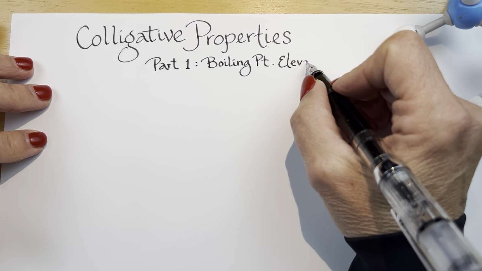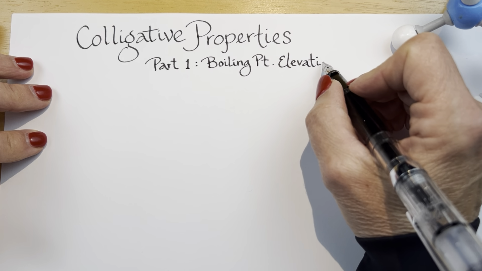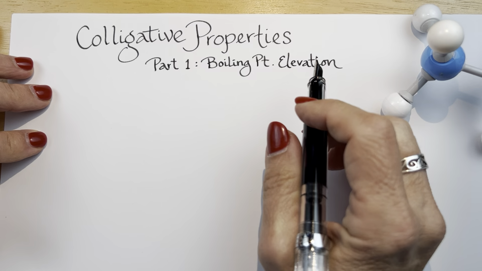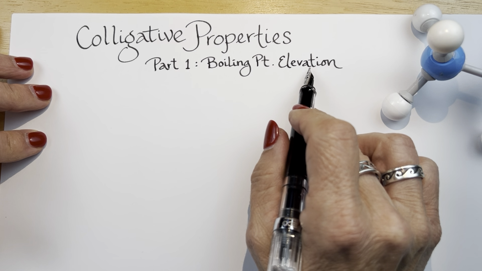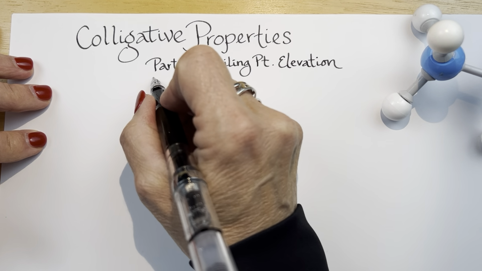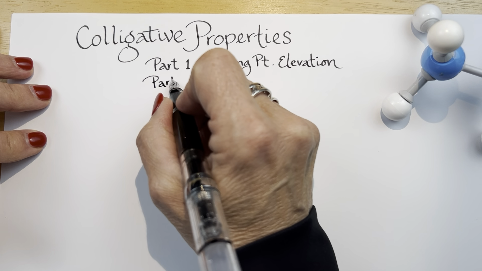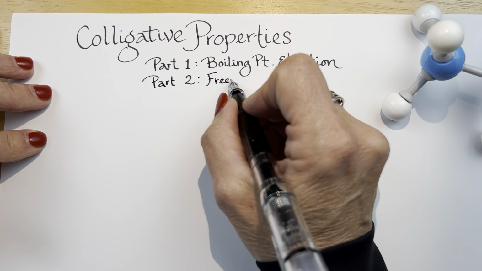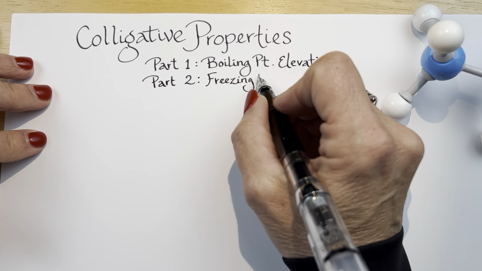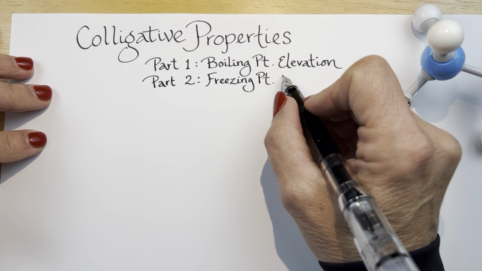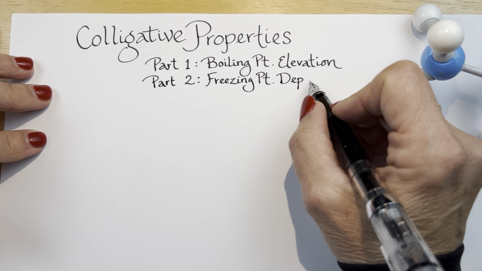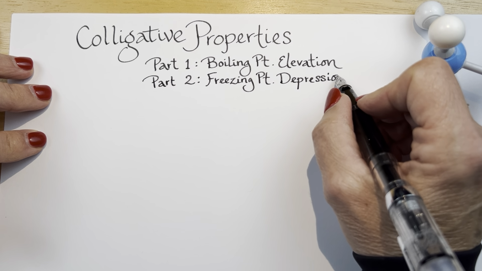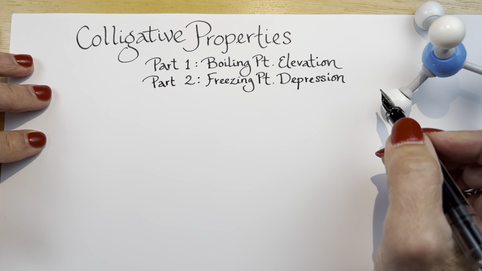And so if you have a pure liquid versus a liquid that has a solute in it, something dissolved in it, the boiling point will go up. Meanwhile, if you were then to measure the freezing point, it would go down. So we call that freezing point depression. It is depressed. Very sad. Okay.